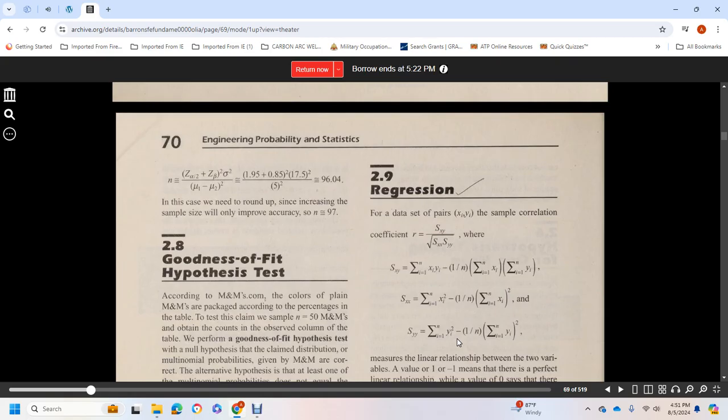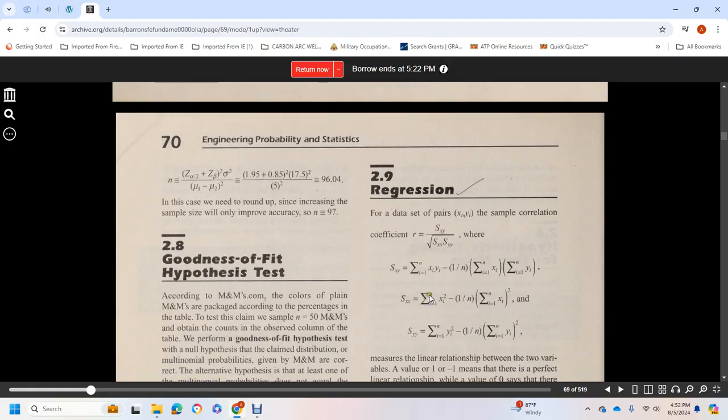Alright, 2.9, regression. For data sets of pairs of x_i and y_i, the sample correlation coefficient r is equal to Sxy over the radical of Sxx Syy, where Sxy is the sum from i equals 1 to n of x_i y_i minus 1 over n times the sum of x_i times the sum of y_i.